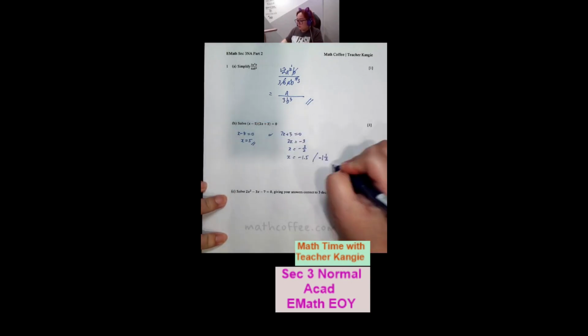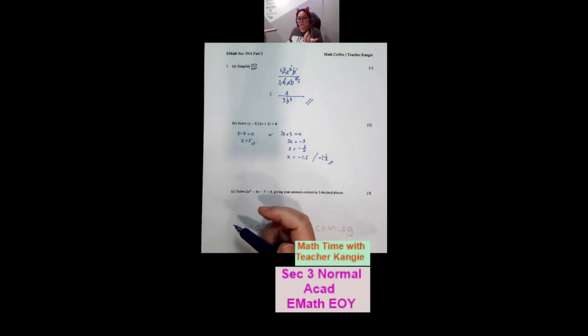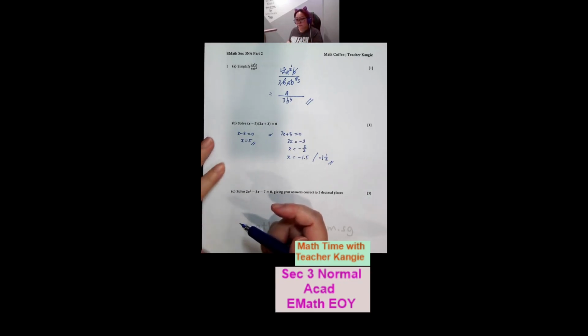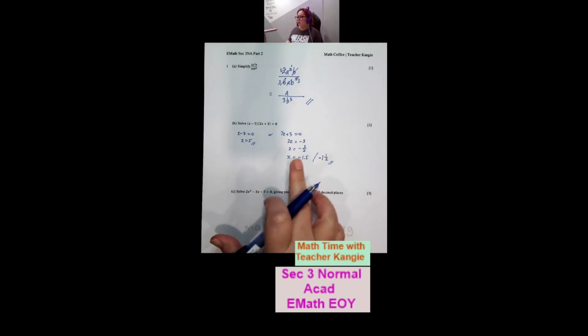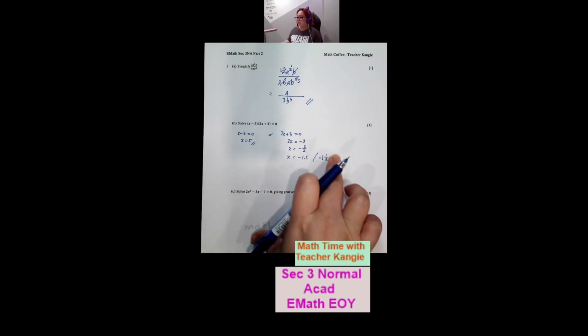So these are the two answers. If it is a coordinate point, we leave the points in improper fraction, yes. But when we solve equations, we leave the answer in decimal or mixed number.